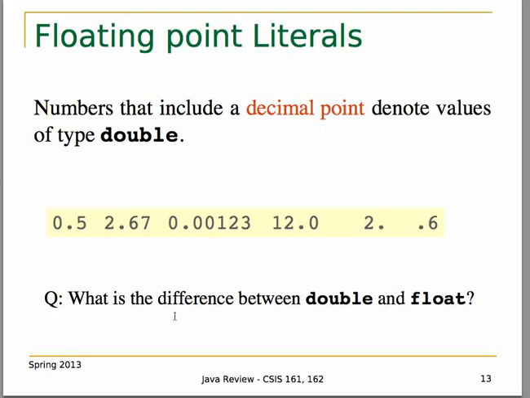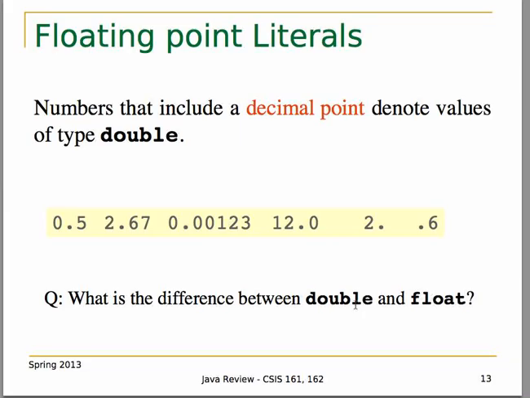Floating point literals are pretty straightforward. Any number that includes a decimal point is automatically assumed to be a double precision number, not a float. So what is the difference between a double and a float? Turns out a float is 4 bytes and is considered standard precision, and then a double is double the size of a float, going from 4 bytes to 8 bytes.